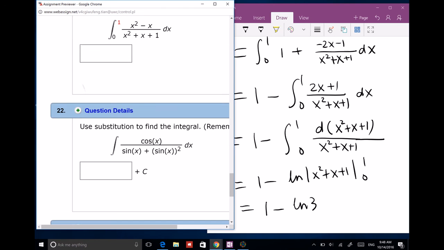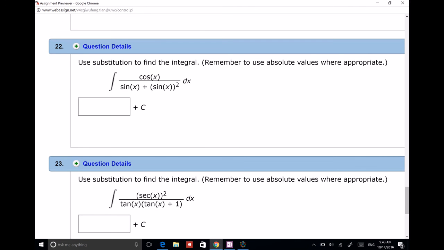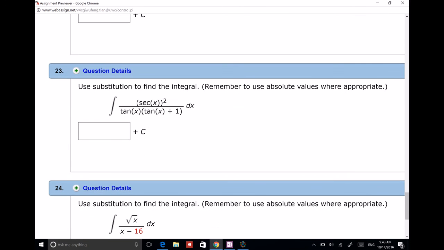So number 22, put a cosine as a derivative of sine, put a negative in front. So you have d of sine x, you have u equals sine x, you can do u substitution. This one, you can put secant x squared as d of tangent. So you have u over u times u plus 1. Okay.